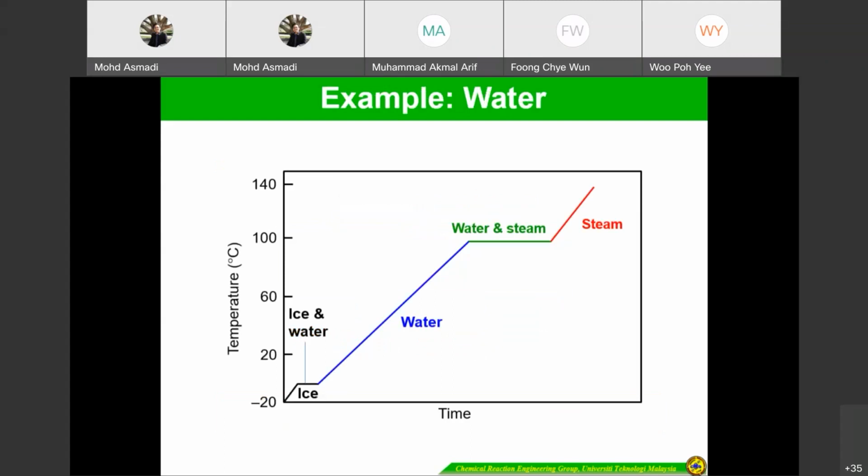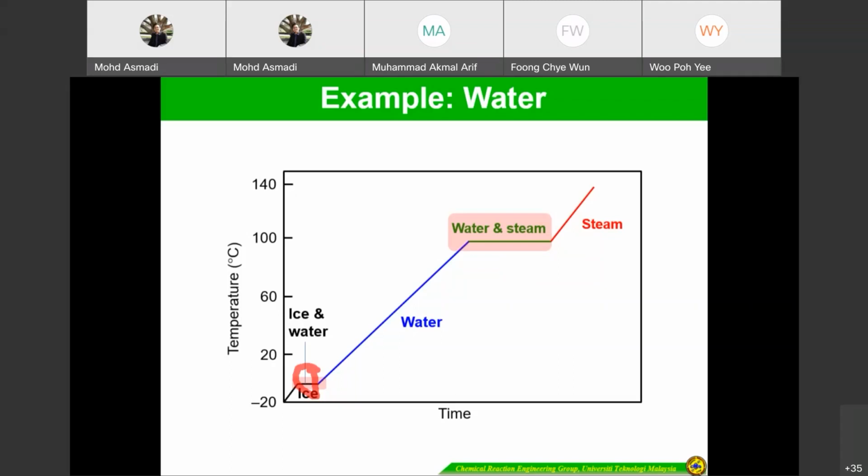This is the example: latent heat for ice and water at 0 degrees C. If you leave the ice at room temperature, it is going to melt, so there is a two-phase system.